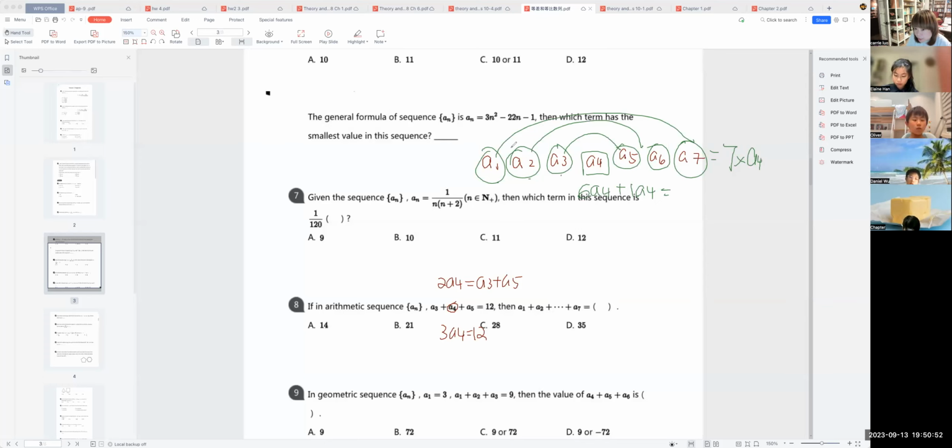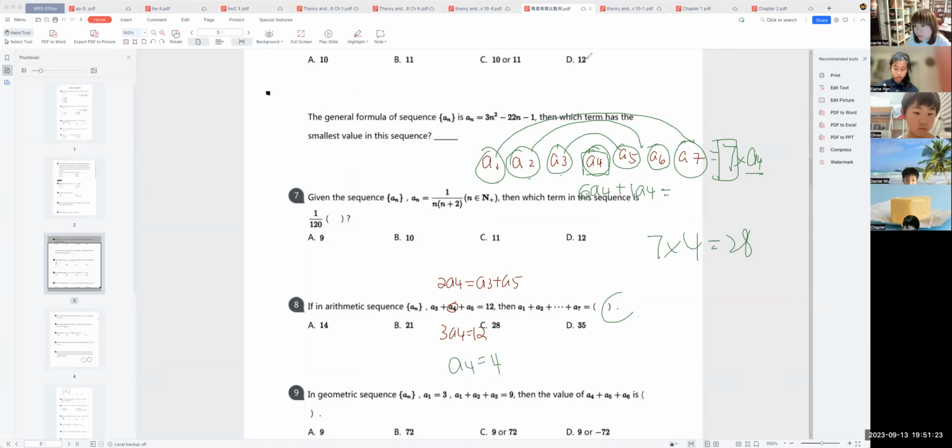So also I want you to write down this one as well. For every arithmetic sequence, the sum of all the terms is always the middle number times how many numbers there are. So basically for this question, if we find A4, that's everything. And I already helped you with A4. 3 times A4 equals 12. So A4 equals 4. Correct? So 7 times 4 equals 28. So the answer is C.